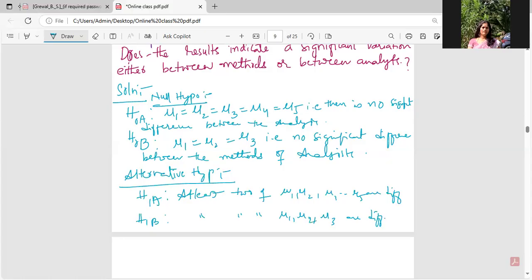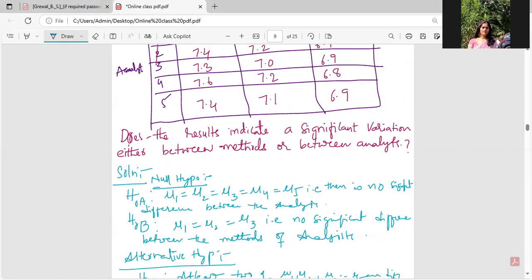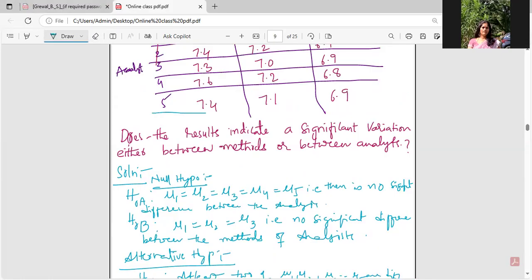So now I'll reconstruct the table with the values. For reconstructing, I'll be needing the column totals. What would be the column totals?